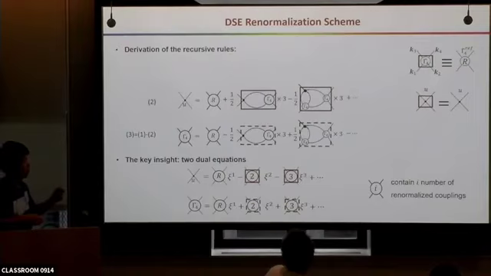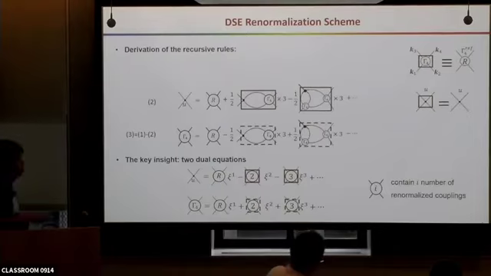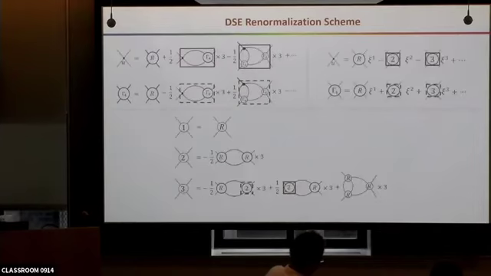This third-order diagram contains three renormalized couplings. And because these two equations are dual, even if you expand them in diagrams, these two are still dual. That means if you find a diagram here, you will find the same diagram here with the opposite sign and a different box. Okay? So then it becomes really simple to construct all diagrams.